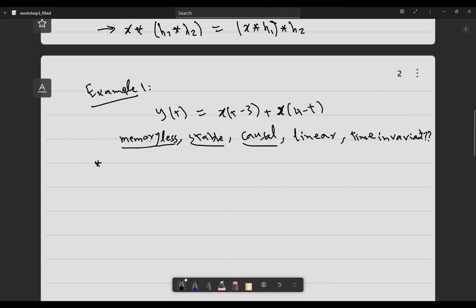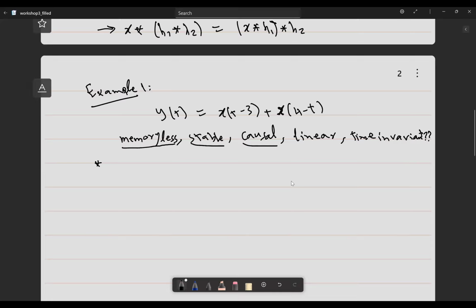I don't think you're supposed to know it, and I'm not sure if you will be asked to check the memoryless property in the exam. But I'm sure the professor will cover this one later. So I'll quickly explain it, solve this part, and then we'll continue.